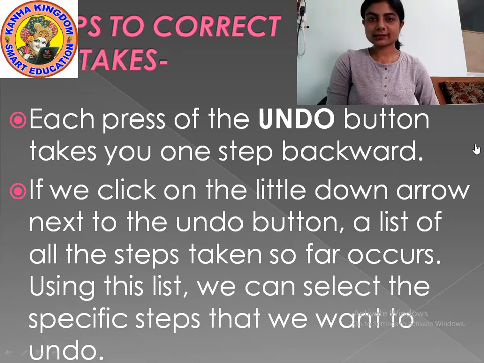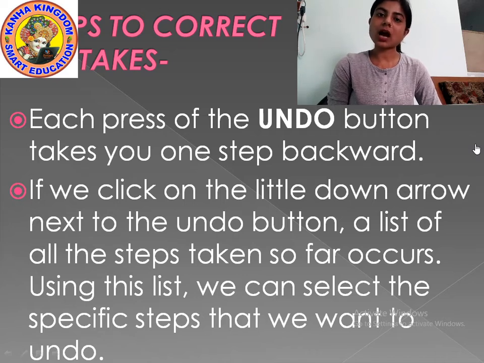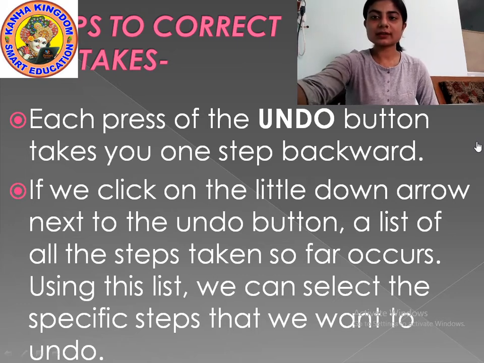A list of all the steps that you have taken so far will occur, and then there you can select which step you don't want, and then you can click on the undo button. Okay, that step will be erased. Okay students, so these are the steps to correct mistakes. Now let us move to the next content.